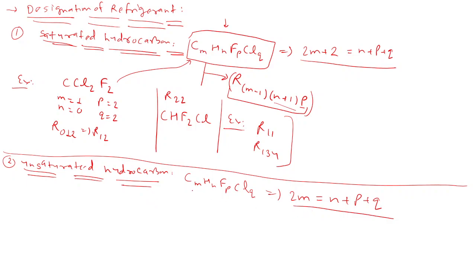So the difference would be that here one will come automatically, and the remaining is the same, like m minus 1, n plus 1, and q. So if 0 comes here, then 1 0 something will come. Is it clear?